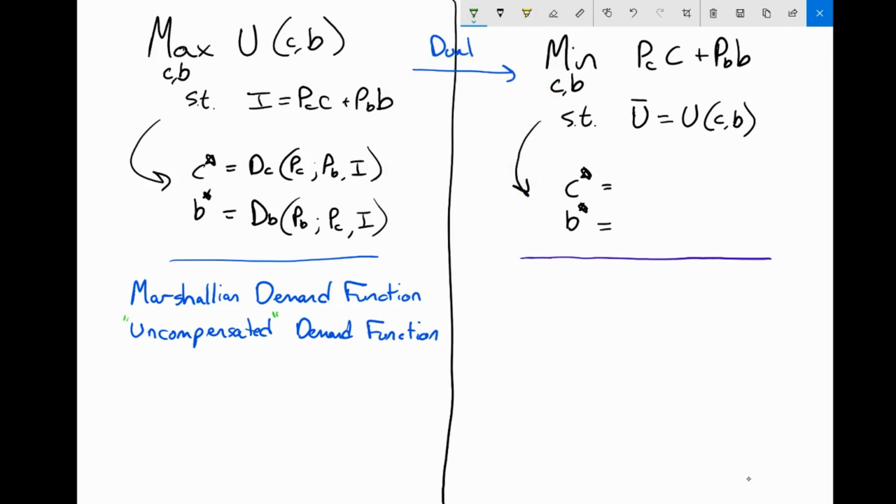Uncompensated means the agent is not given income to compensate for price changes.